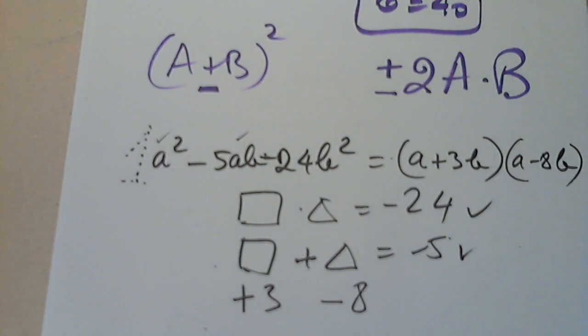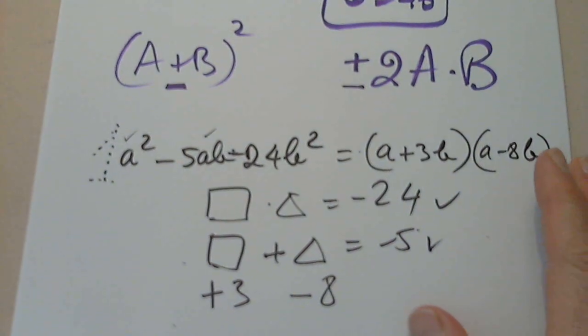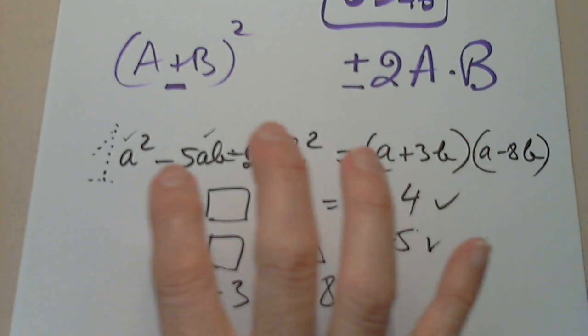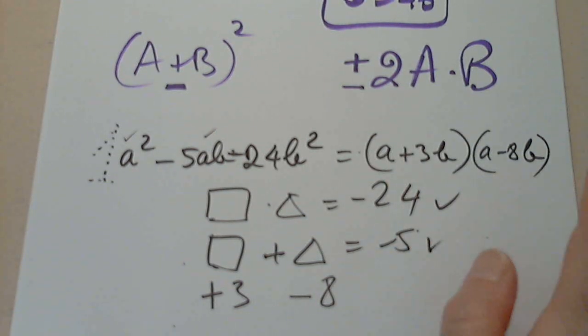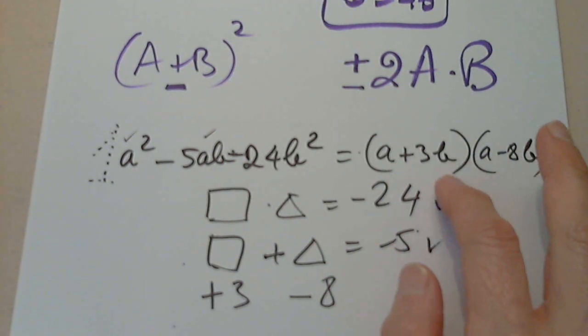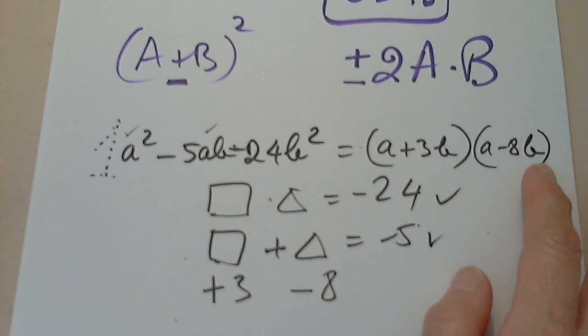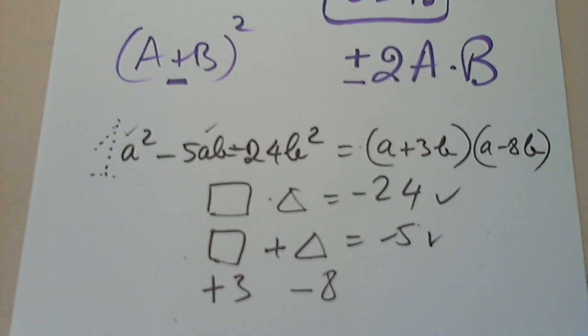You should always, please remember, it takes 5 seconds to verify. Do not put in the answer before you verify it. A squared minus 8ab plus 3ab, 3b times negative 8b. And that's it.